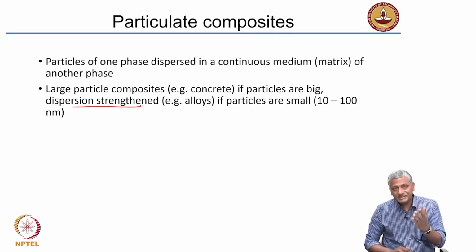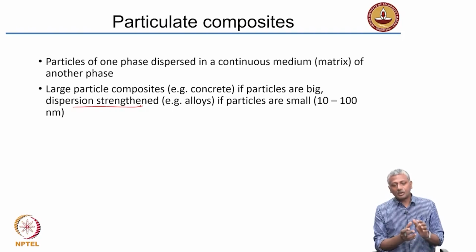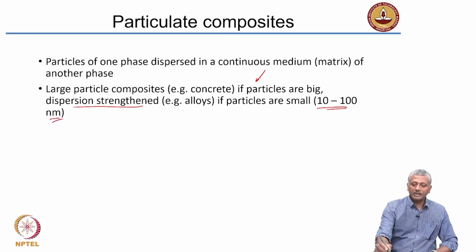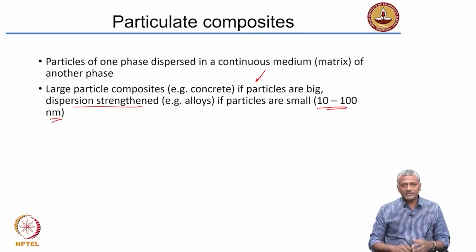These transformations or substitutions are at the atomic scale. That's why we call them dispersion strengthened particulate composites. Here we are talking about 10 to 100 nanometer size particles. In concrete, if you remember, our particle sizes ranged from 75 microns all the way up to 40 millimeters. So these are fairly large sized particles that are embedded in the matrix.